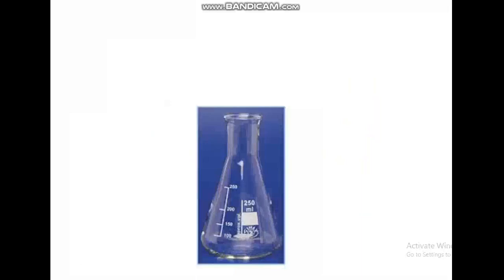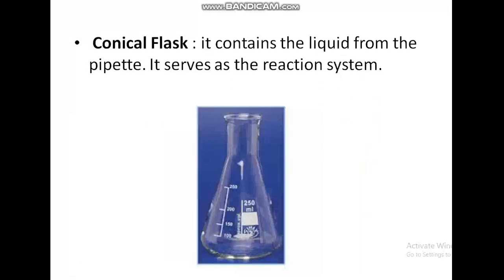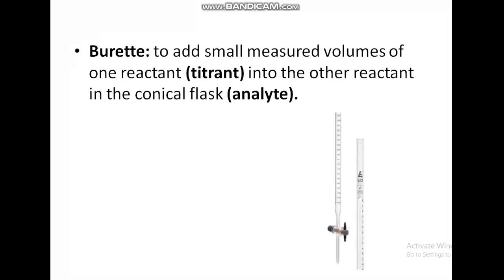This is conical flask. It contains the liquid from the pipettes. It serves as the reaction system. This is burette, to add small measured volumes of one reactant into the other reactants in the conical flask.